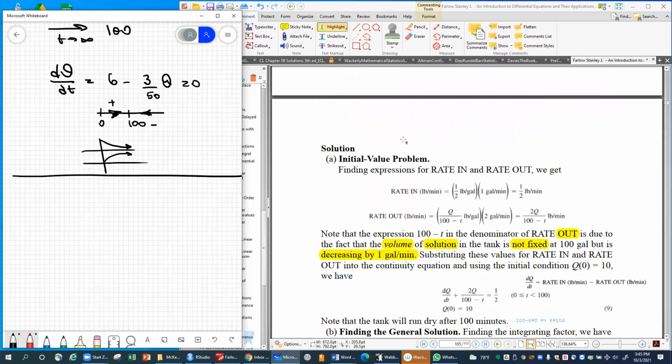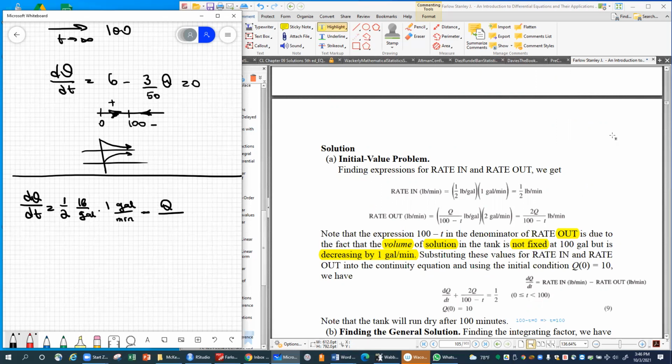Okay, so let's work this out. So dQ/dt is the rate in minus the rate out. The rate in is 1/2 pounds per gallon times 1 gallon per minute. Now the stirred amount: what's the concentration in the mixed amount? It's Q over how much water you have.